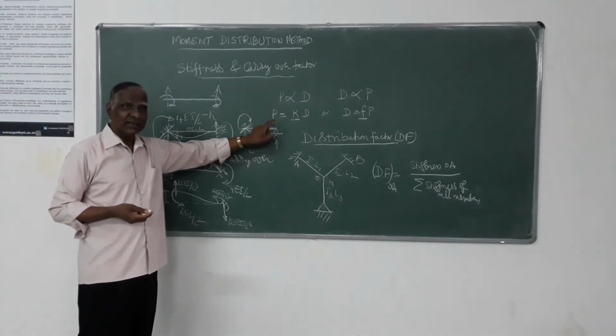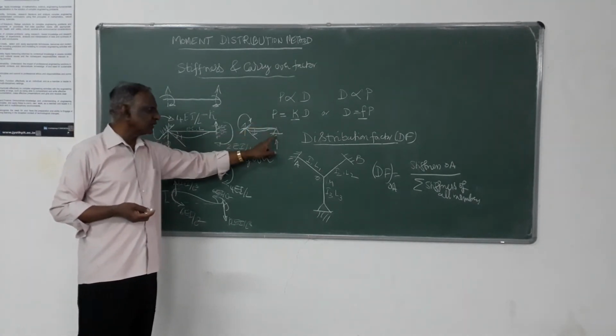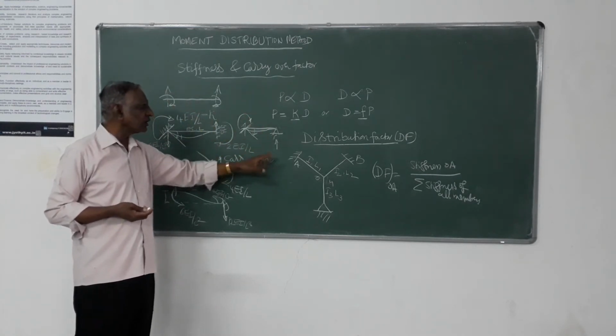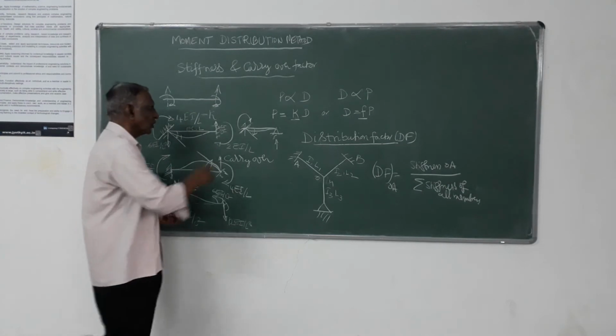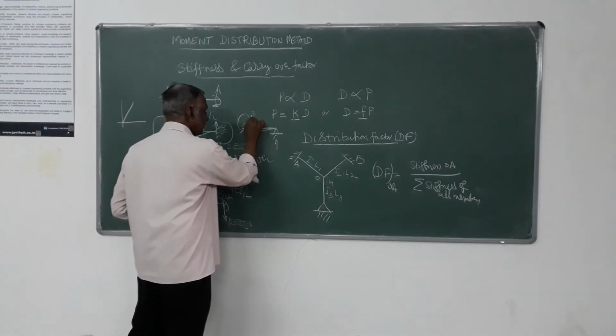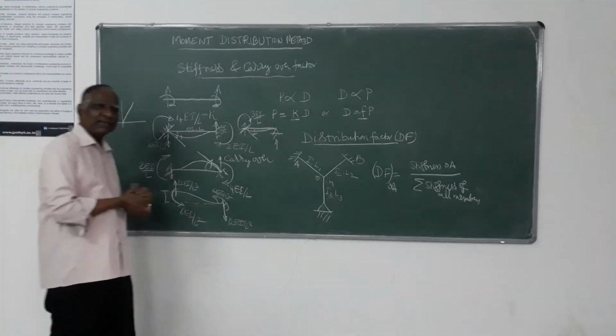But now this other end is hinged, roller or simply supported. It is not able to take that. So here that value is different, and that value is given by 3EI by L.